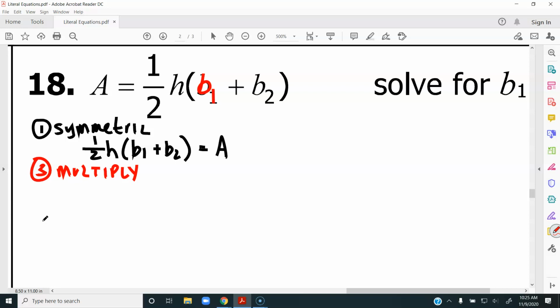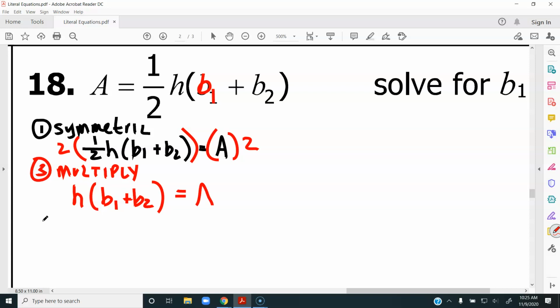Now I'm going to multiply out this denominator. So I'm going to multiply out the 2 on both sides. Those are the 2 steps that I visually could do immediately. So that's going to be h times b1 plus b2 is equal to 2a. And usually you just put the number first. Now, the next thing I believe that I would do here is I would divide.